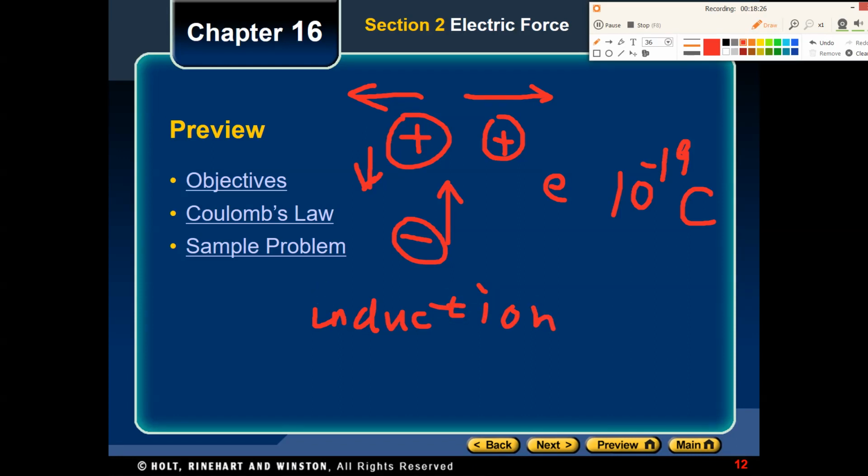Induction is for charging of a conductor, and polarization is for charging of an insulator, right?